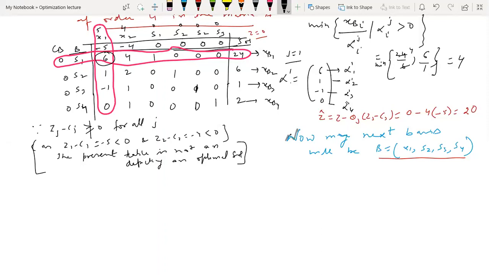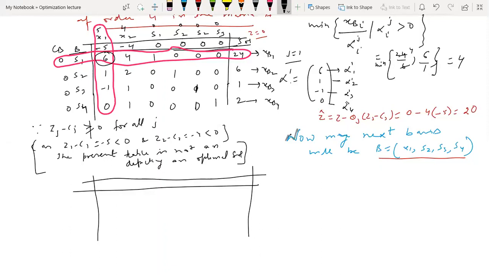So what we do, we construct our next table. So what is my next table? You see. Okay, so my variables are x1, x2, s1, s2, s3, s4, and my new basis will be x1, because s1 is replaced by x1, s2, s3, s4.